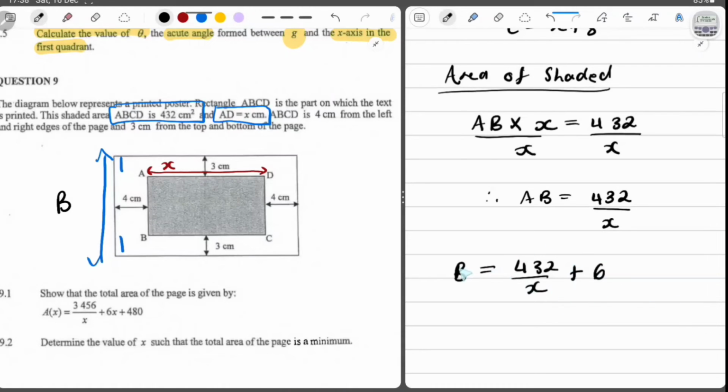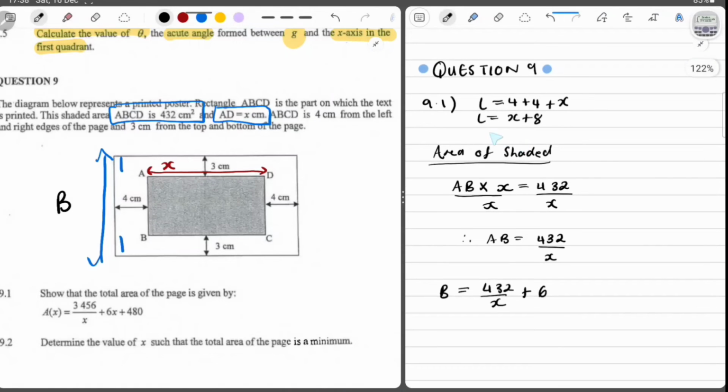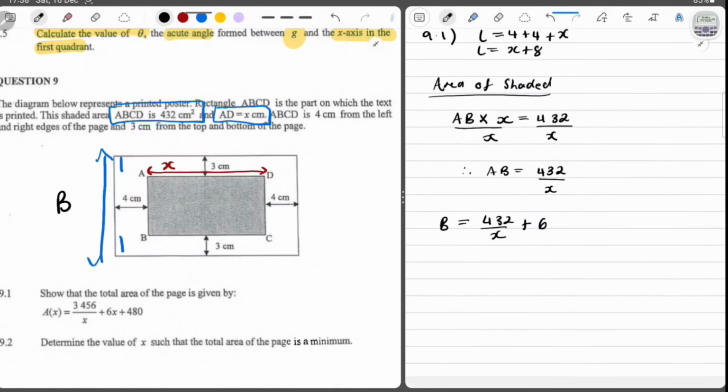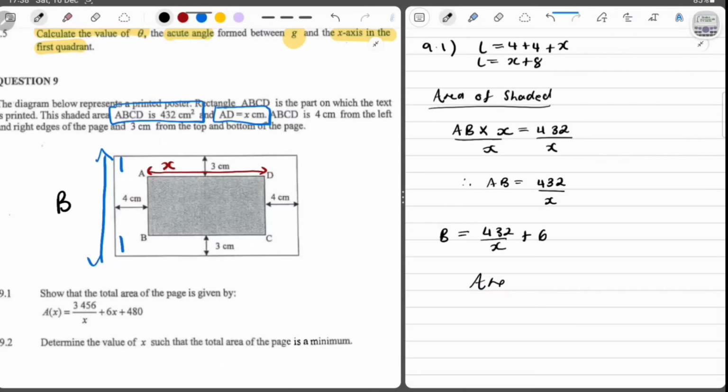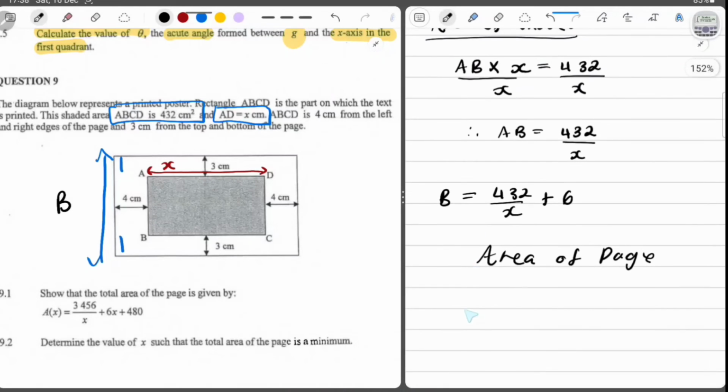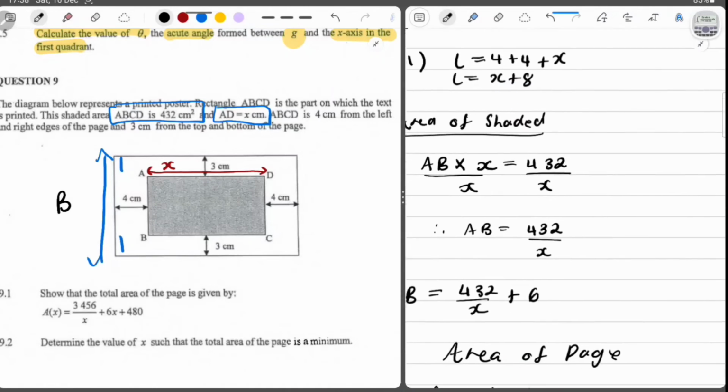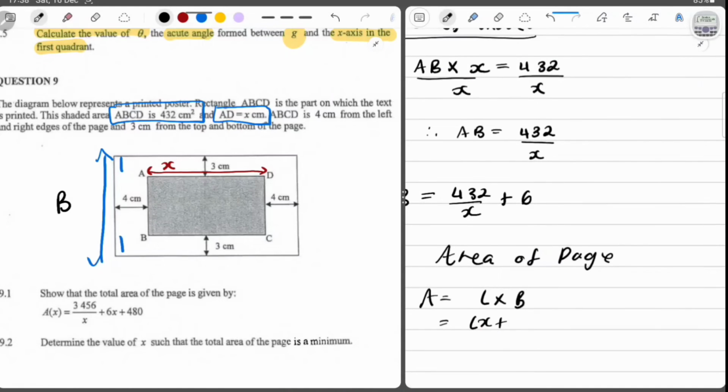So this is an expression for the breadth of this entire page. Great. We have the length and the breadth of the page. How do you find the area now of the page? Area of page is always going to be length times breadth. So the length that we have is x plus 8.